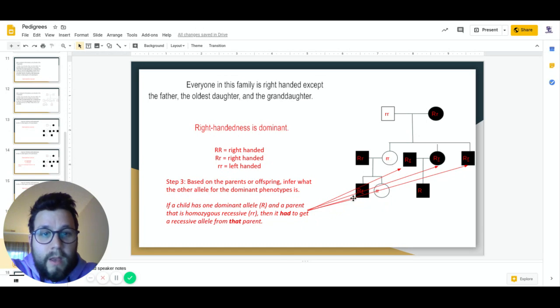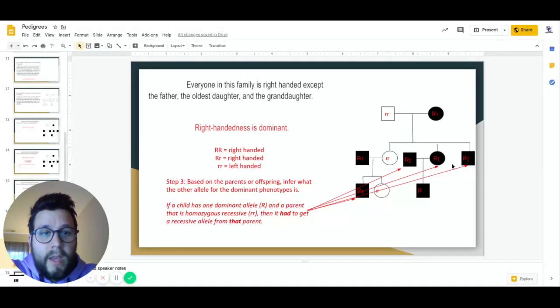So they got their capital R from who? He got his capital R from dad. He's the only one with a capital R between the two, so that's what he got from him. Now, he didn't give both alleles to his kid. He gets one from each, so the other allele had to come from mom, and the only thing she can give is lowercase r. Same with these.